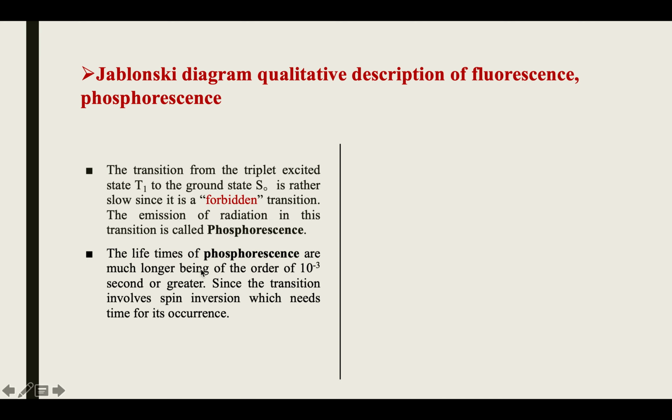Compared to other transitions, this radiative transition, phosphorescence, is a very slow process, and that's why it has a higher lifetime, since the transition involves spin inversion, which needs time for its occurrence.